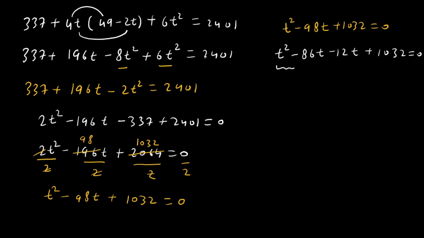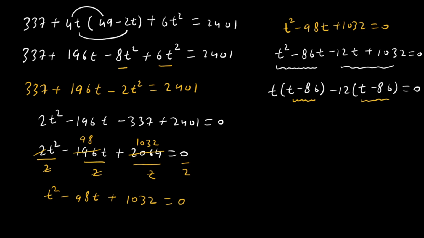Look carefully at these two terms. If we take t common, we get t(t − 86), and if we take −12 common, we get −12(t − 86) = 0. t − 86 is common, so (t − 86)(t − 12) = 0.